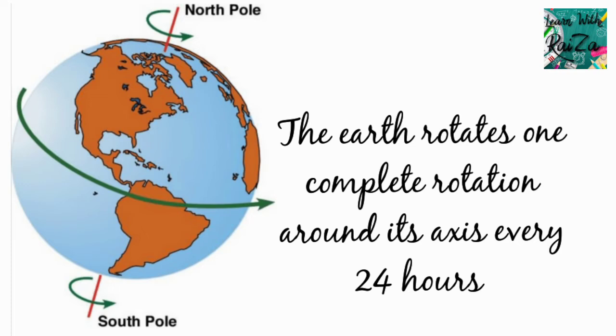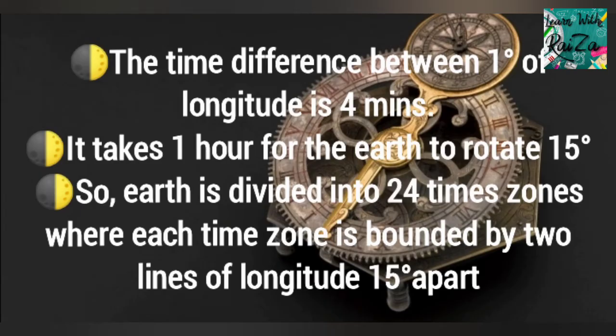The earth rotates one complete rotation around its axis every 24 hours. Here the diagram depicts the North Pole and the South Pole as well. Observe this. Well students, the time difference for 1 degree of longitude is 4 minutes. Yes, 4 minutes for 1 degree. It takes 1 hour for the earth to rotate 15 degrees.